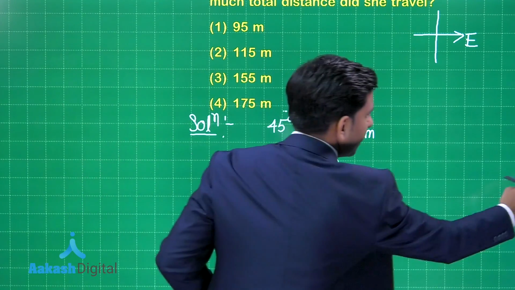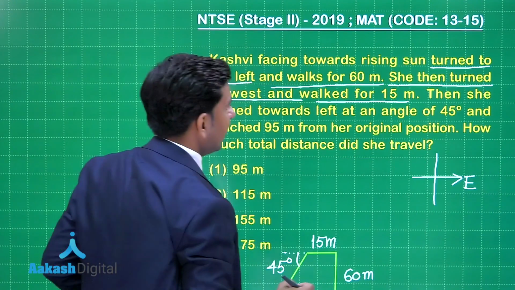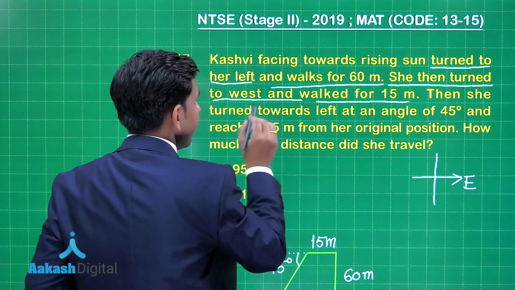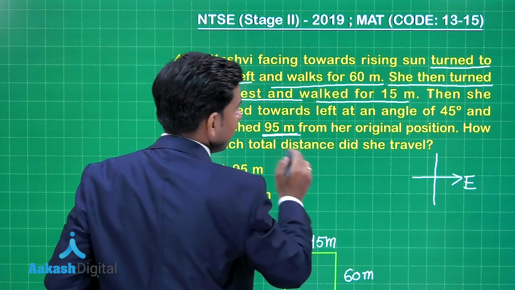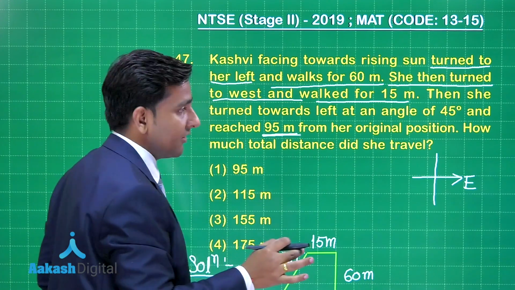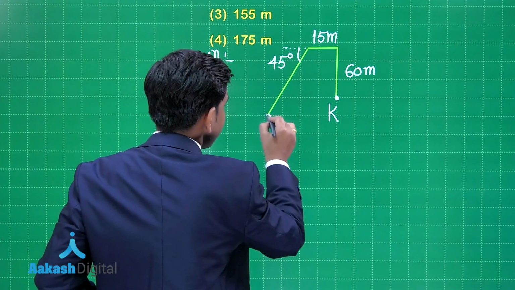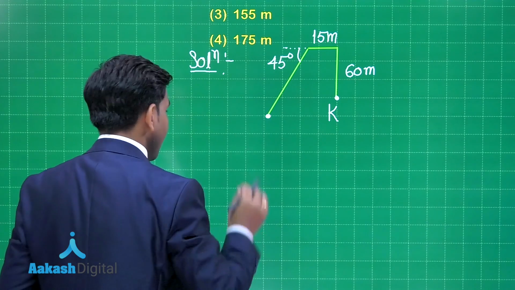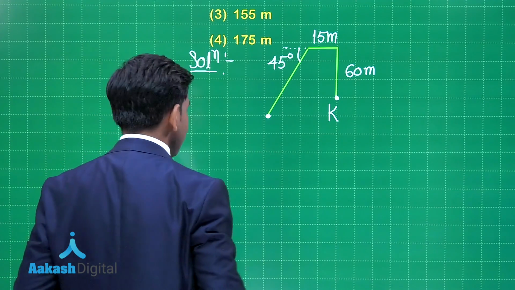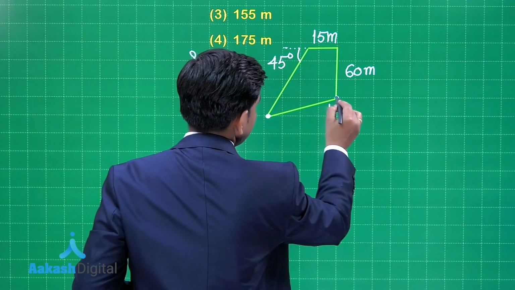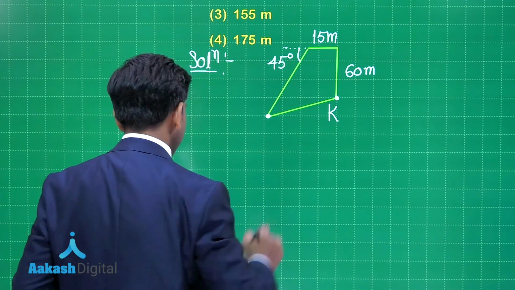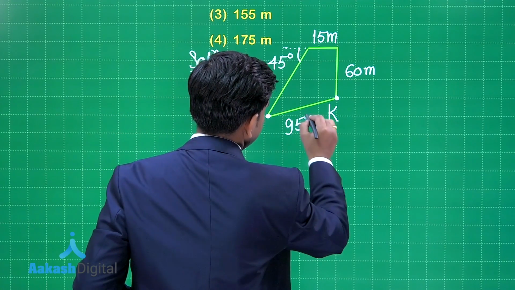Clear? Now move on to the next statement. And reached 95 meter from her original position. That means if she terminates here, this will be her final position, and the distance between these 2 points is 95 meter.